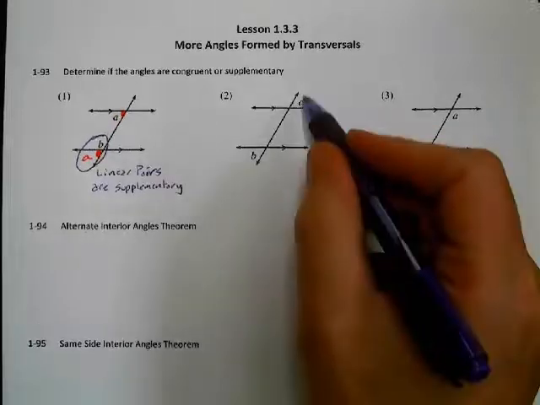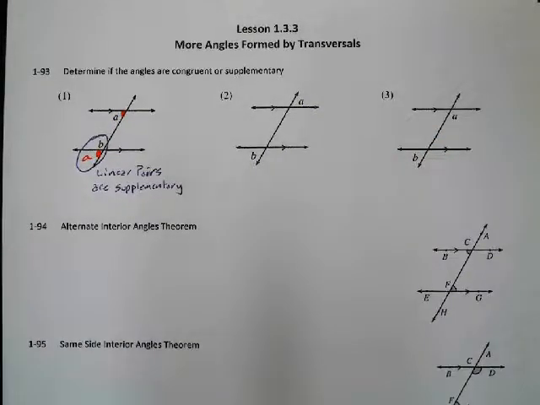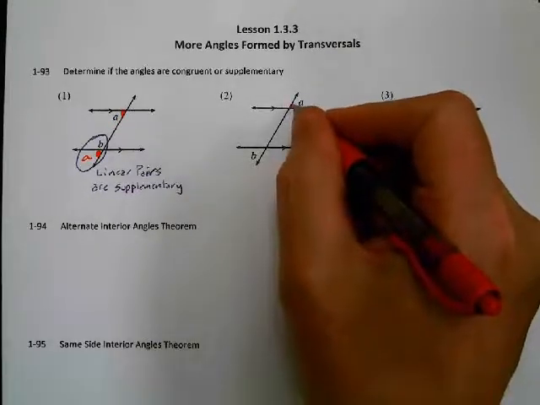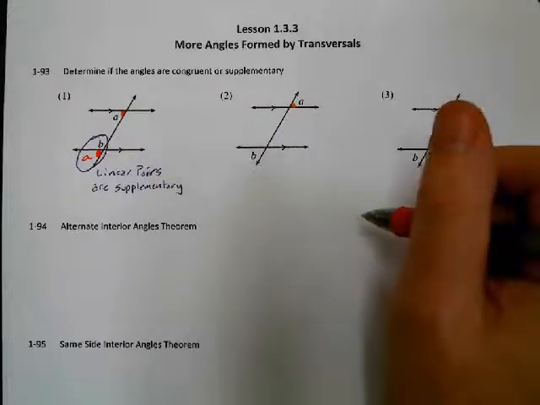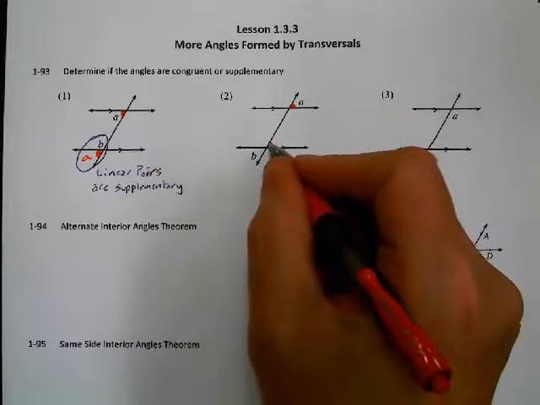All right, next one. We've got this angle way over here, and this angle way over here. Let's start with corresponding angles again, starting with A. The corresponding angle that goes with A is down here.